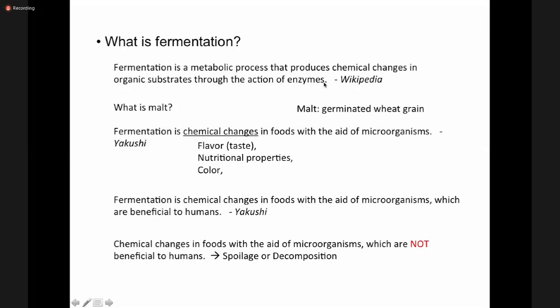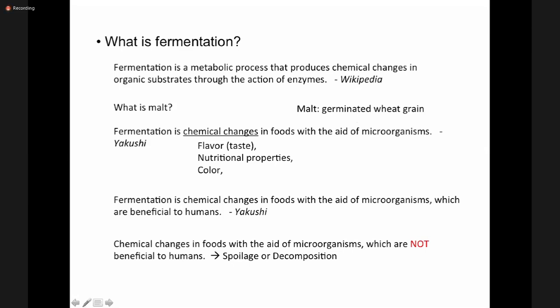What is strange for me? For example, let's consider malt. Do you know malt? Malt is germinated grain, usually wheat. So malt is germinated wheat grain.